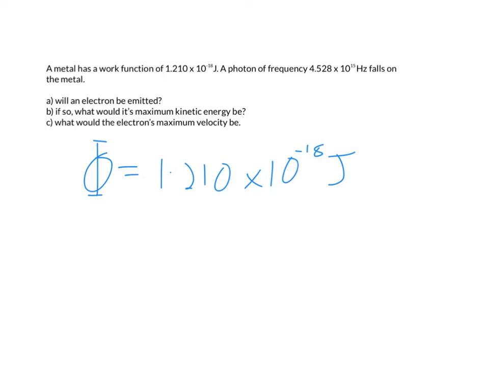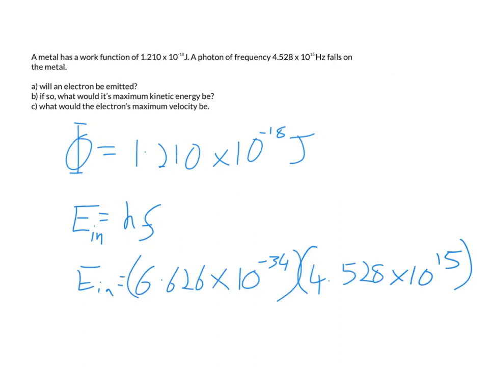So to convert this frequency to energy, what we're going to do is use this formula. h times the frequency will give us the total energy. This we can say is our energy coming in from the photon. When we sub in the quantities we know, we end up with two brackets that look like this, and then we can use our calculator to multiply them out.